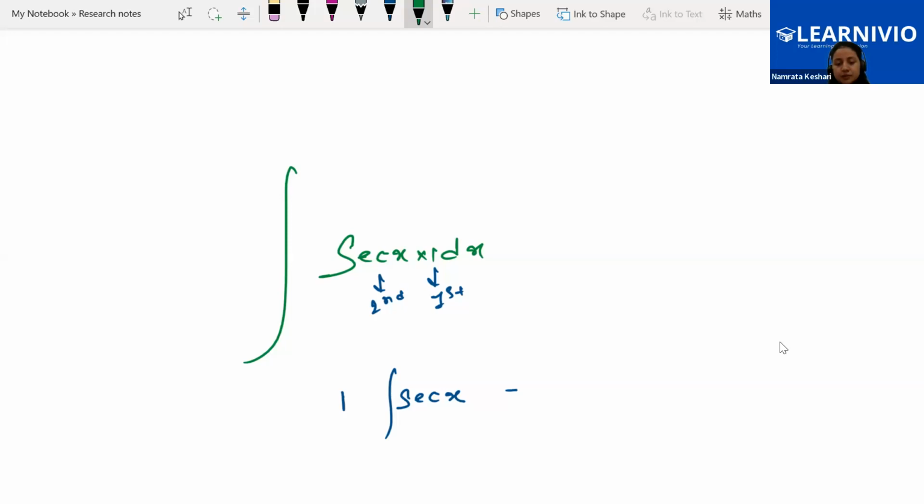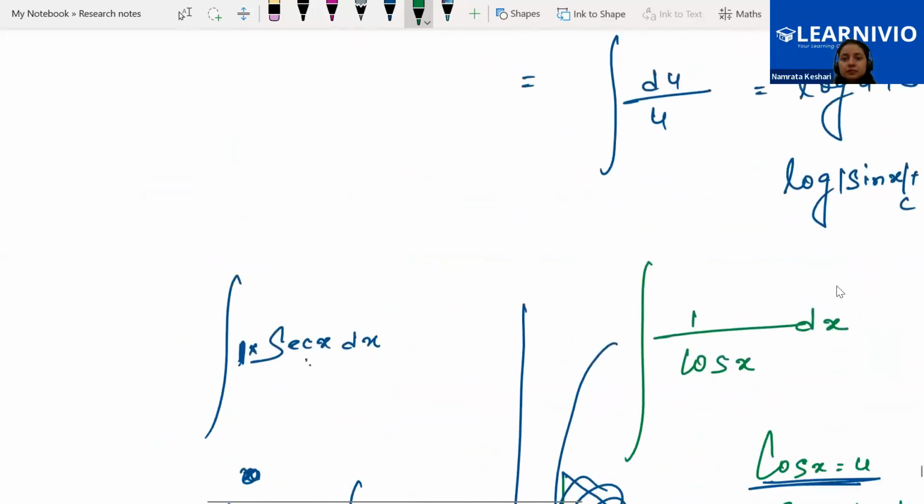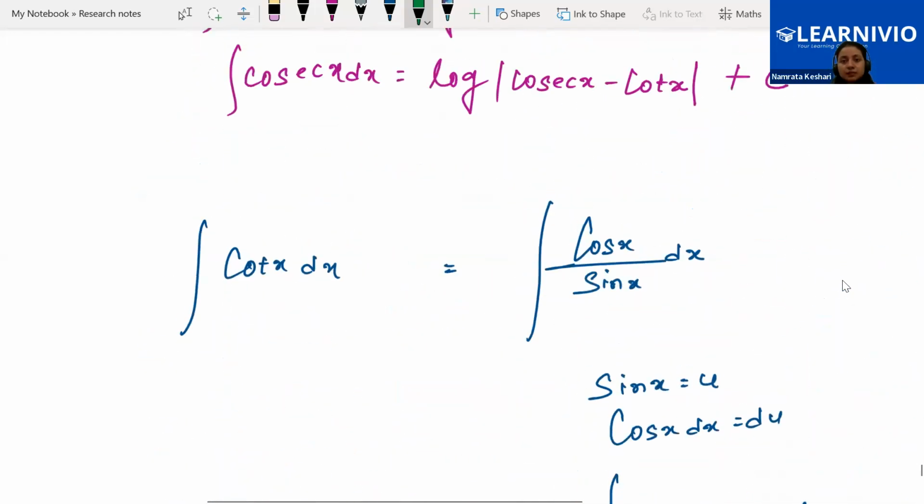Have you checked? Yes, ma'am. 1 by under root a square minus x square is sine inverse x by a plus c. Okay.